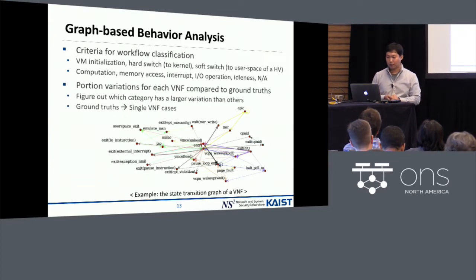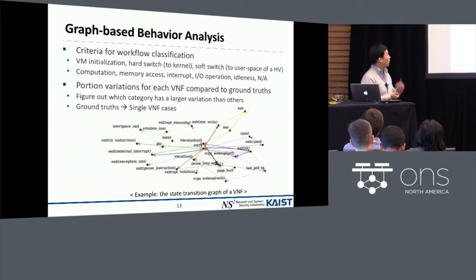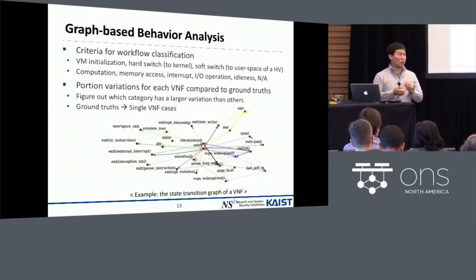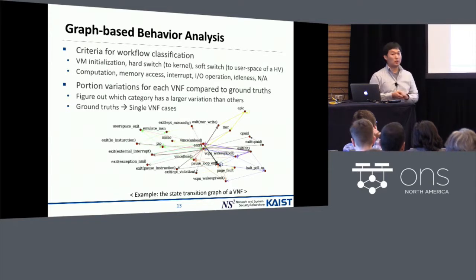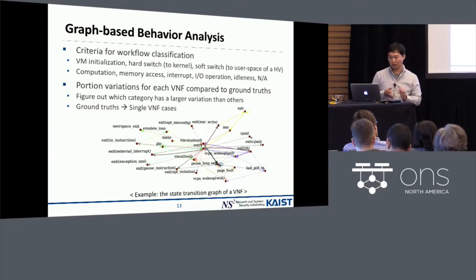Then we evaluate the portion variations of each category in VNFs compared to those in ground truths. In this case, we used single VNF cases as ground truth values.